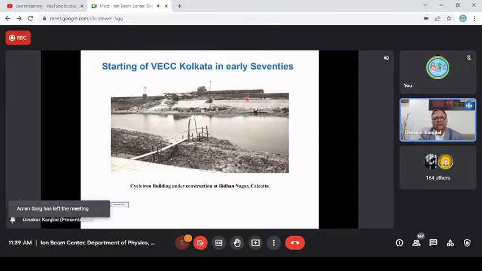Before that, this is the Calcutta Variable Energy Cyclotron Centre. I was just in college. At that time, we used to go also to visit there to see around. But this is a photo provided by Professor Bhandari, director of the centre.